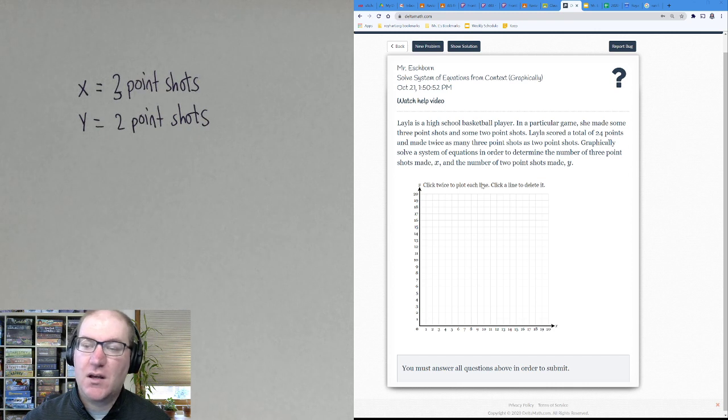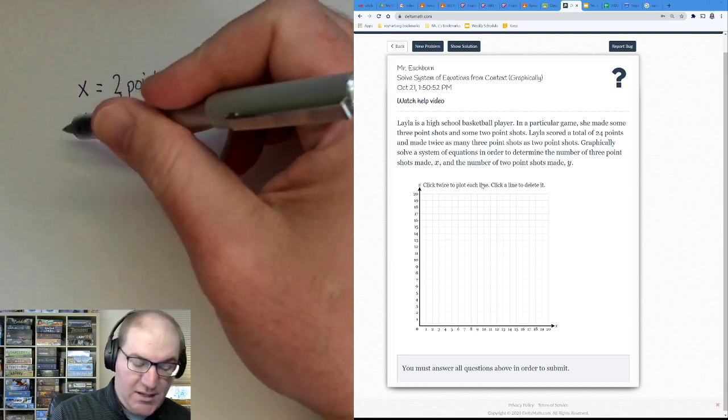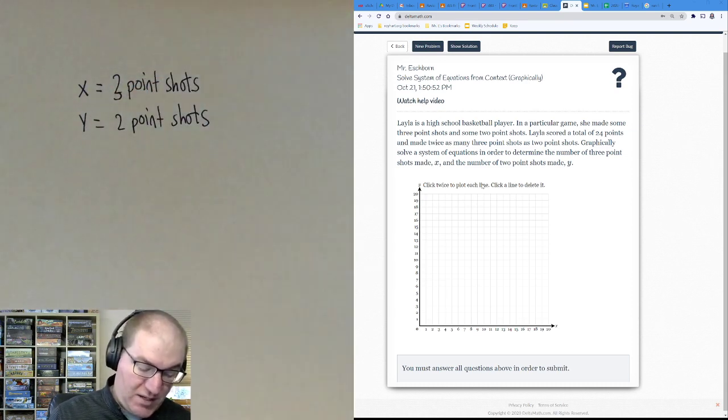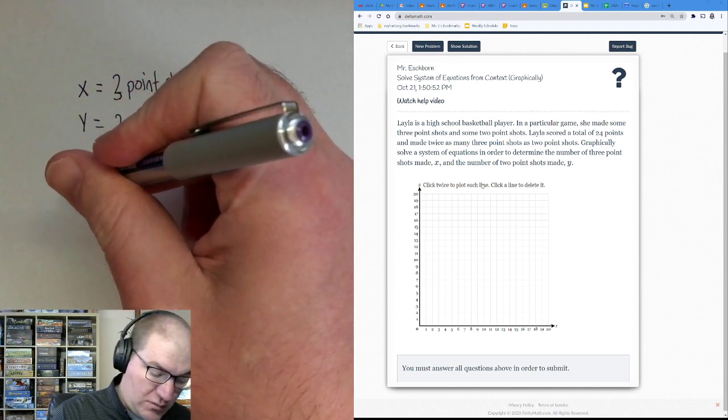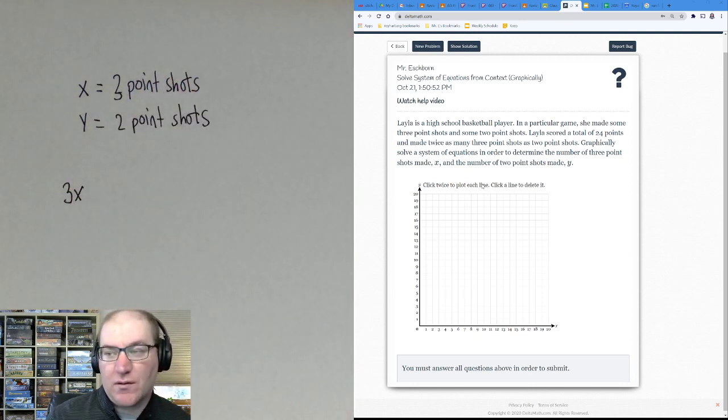Let's see if we can write an equation that has to deal with the number of points she scored. So I don't know how many 3-point shots she made, and I don't know how many 2-point shots she made, but I do know that 3x is going to tell me how many points worth of 3-point shots she made, right?